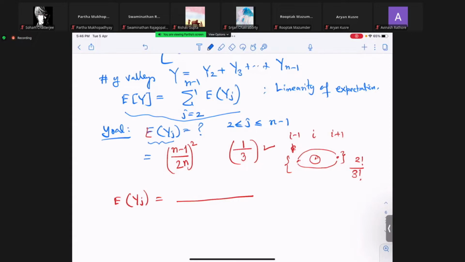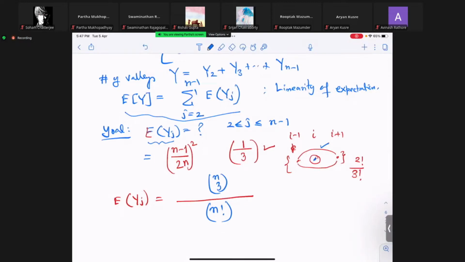Everybody understood what is the argument here? But there is a more brutal way to see it. There are n factorial ways to permute everything. Among these, I want to choose permutations for which the middle one at the ith location is smaller than its neighbors. I can choose any of the 3 numbers, the way he has taken the set, and that defines one minimum that I place in the middle.